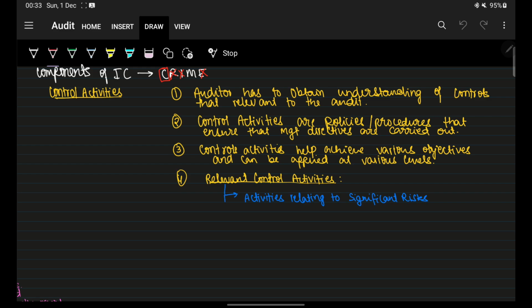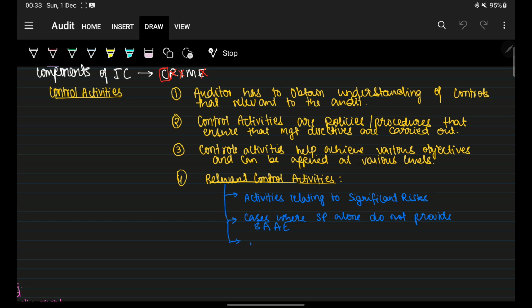Secondly, cases where substantive procedures alone do not provide sufficient and appropriate audit evidence.